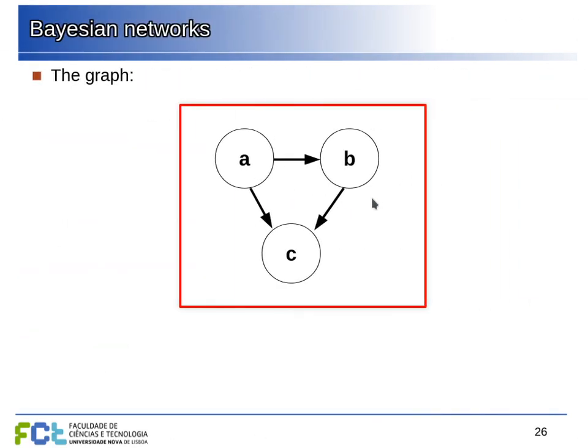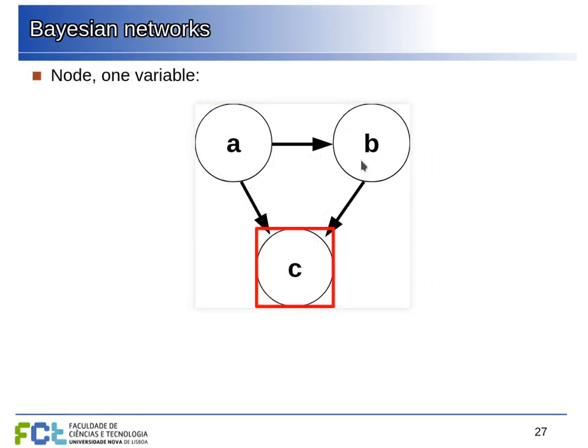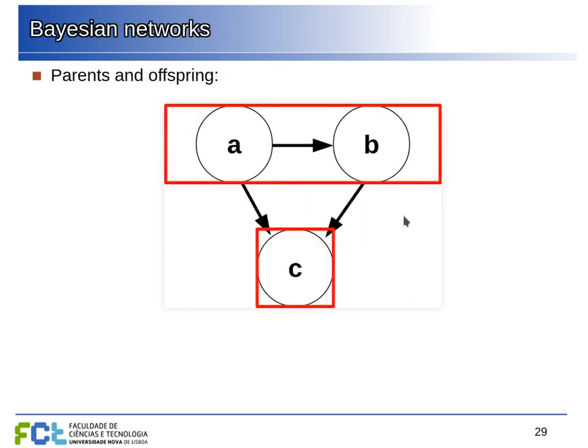What we need for a Bayesian network is the graph itself. It has these nodes that represent the random variables. The arcs have a direction that represent conditional dependency. So this means that C is conditionally dependent on B. And we can consider that the set of variables on which one variable is dependent is the set of parents of that variable.